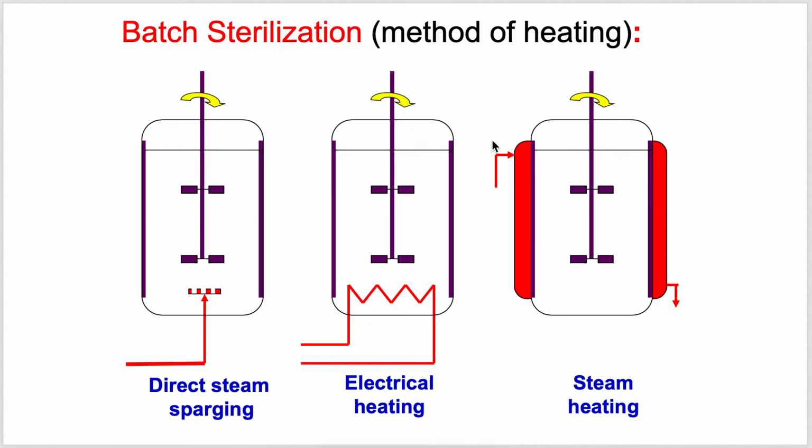Rather, the media will be inside the fermenter, and the fermenter will have a jacket. Inside that jacket we can supply or circulate steam, and when the steam circulates in the jacket, it sterilizes the media inside the fermenter. So these are the three different methods by which we can do batch sterilization.